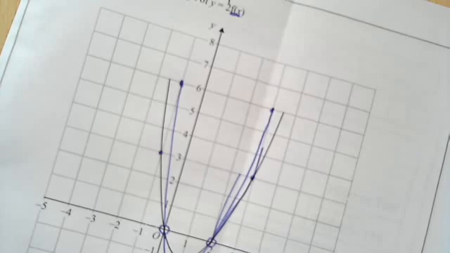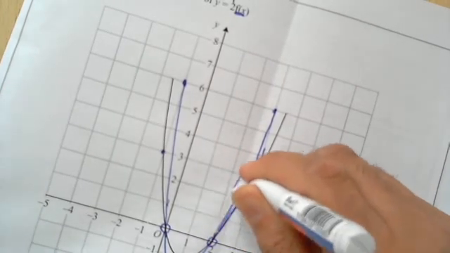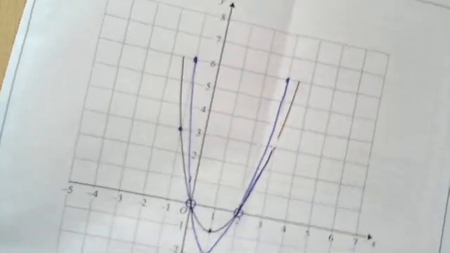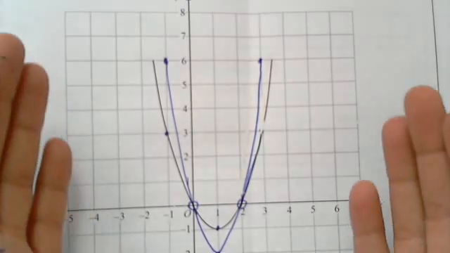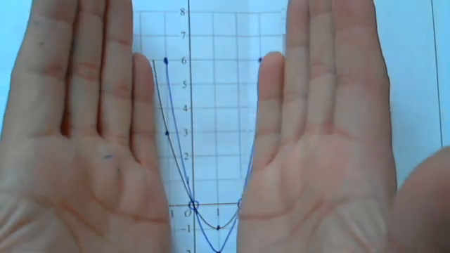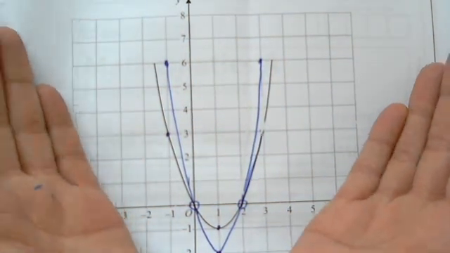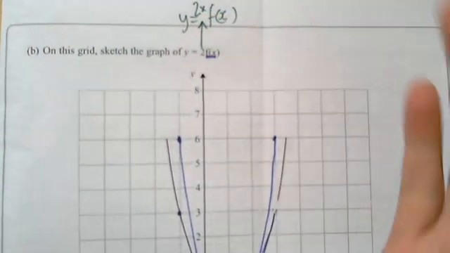Okay, let's get rid of all these lines here. So the effect of doubling it makes the graph steeper. If you were to halve it, it would make the graph come out like that. If you made it 3 times, the effect would be even steeper.